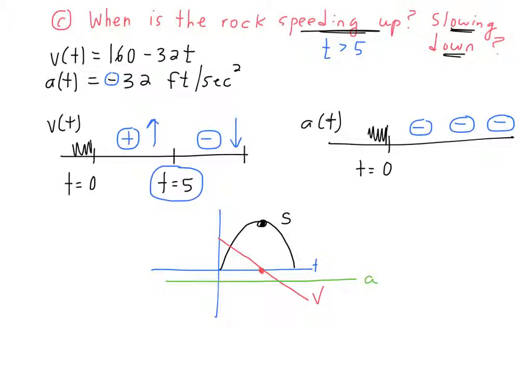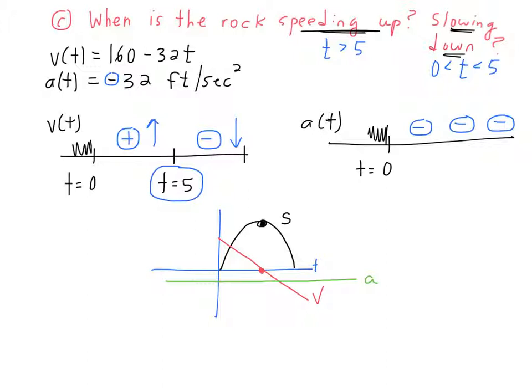Slowing down happens when the rock is on its way up, so between 0 and 5. Think of it as battling against gravity. After 5 seconds, it's speeding up because it has gravity on its side. It's falling, and we can see that indicated by the signs being the same.